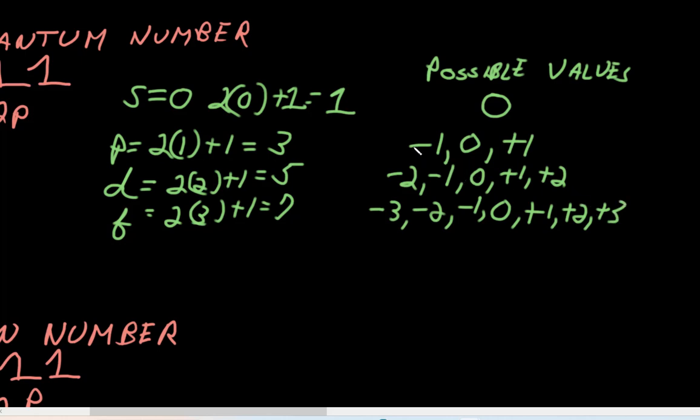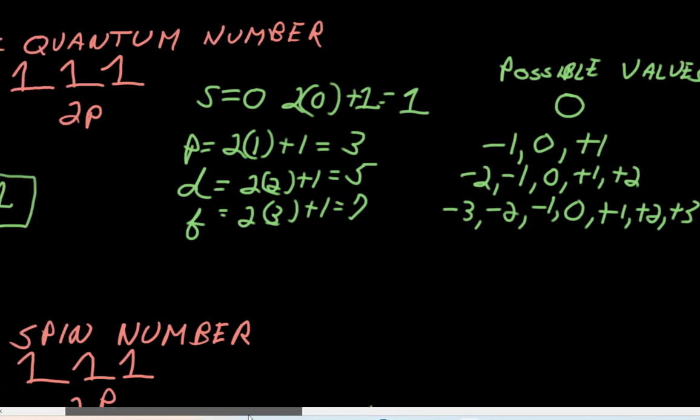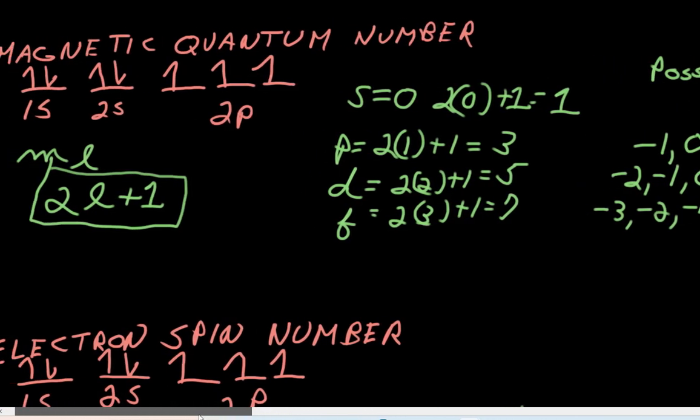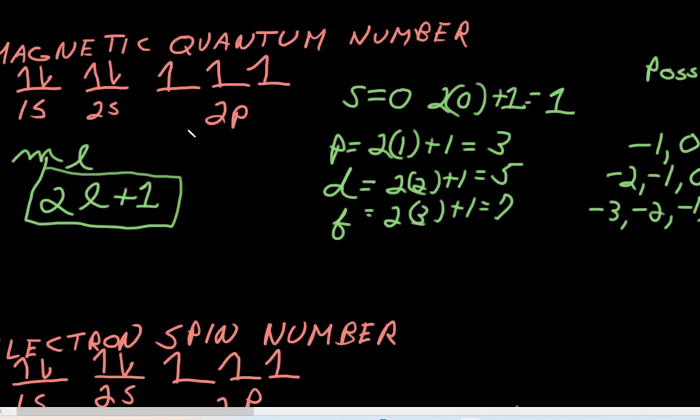So we're in the P, so we got 3 possible values. So now if you look at our electron configuration, we can have 3 possible values, and we're looking for this one right here. So we could have a negative 1, we could have 0, or we could have a positive 1.